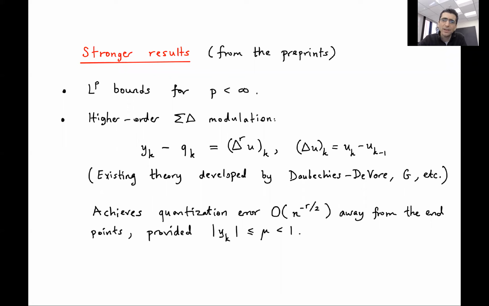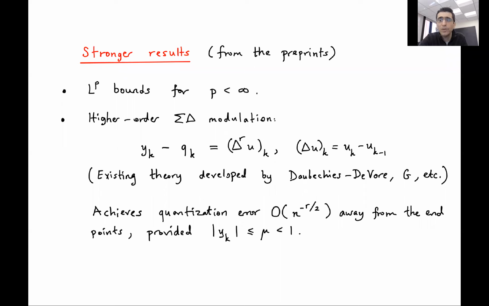This makes the solution a lot harder. The first order was trivial, starting with second order, and there's now an entire huge literature on how to do this, starting with the works of Daubechies and DeVore and myself and others. So this gives us higher accuracy of the quantization error.